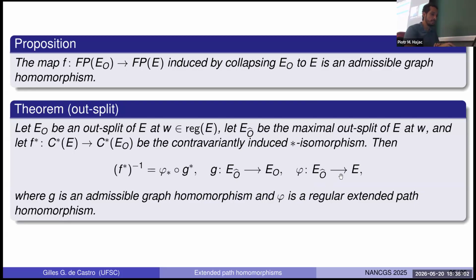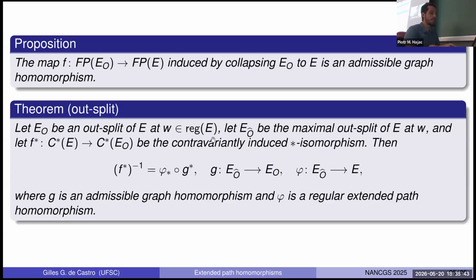This path homomorphism, being a contravariant functor, goes from the algebra of E_O to the algebra of E_O hat. And phi star is a covariant functor, which goes from the system of E_O hat to E. When you take this composition, we obtain exactly the inverse of this homomorphism.